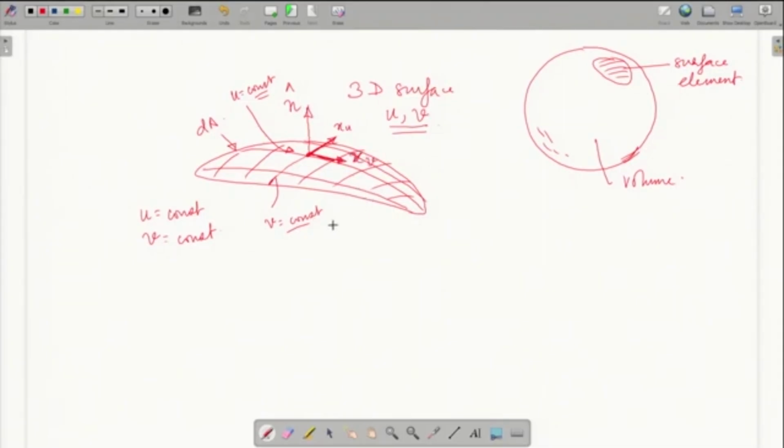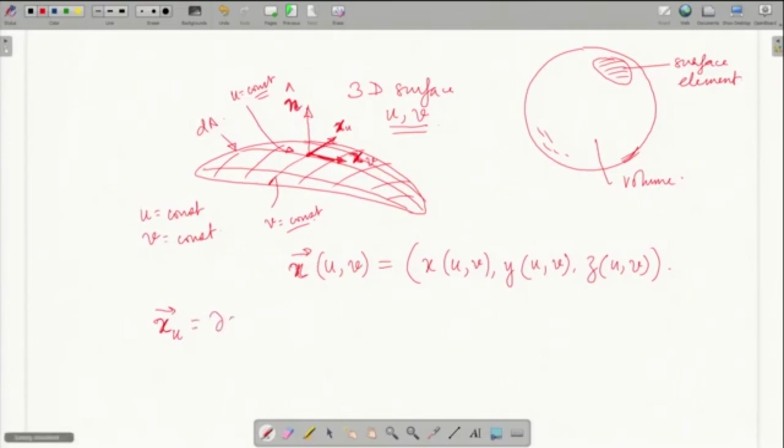And then in general, x is a function of u v, and remember that these are vectors. How do we define the vectors x u and x v?